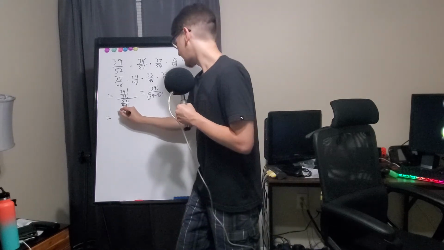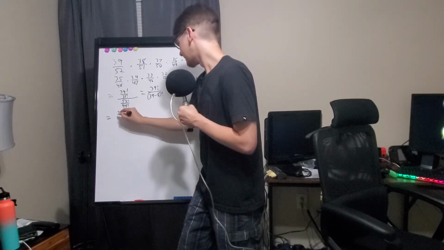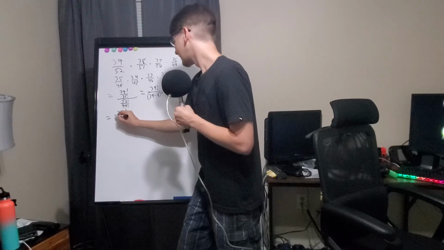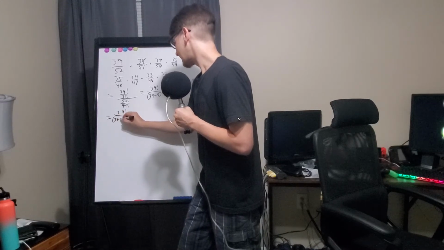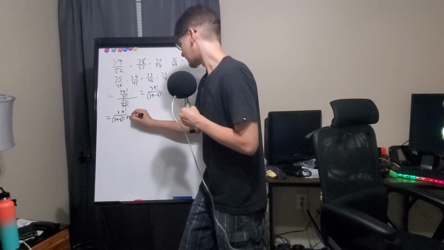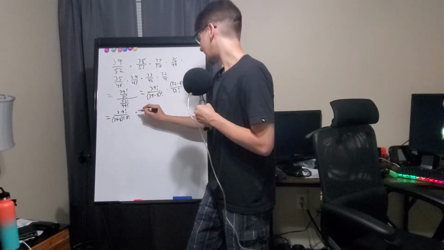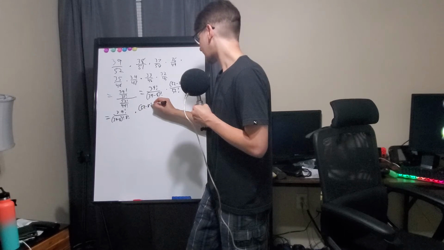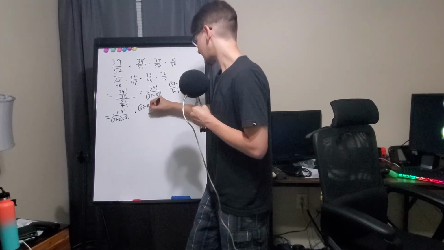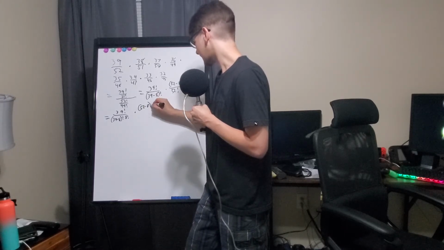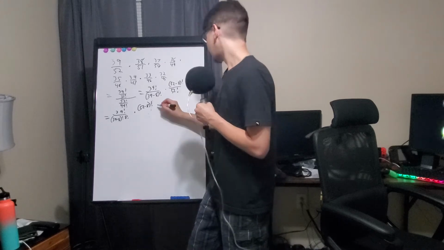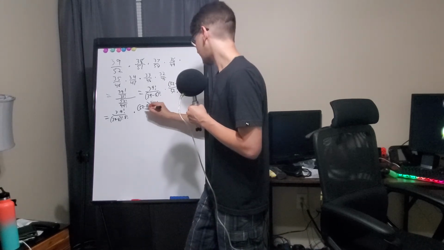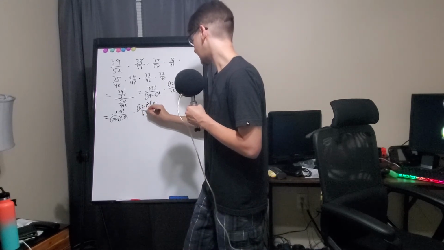So what we're going to end up with is 39 factorial divided by 39 minus 8 factorial times 8 factorial, times 52 minus 8 factorial. That is not where I wanted to put the factorial, my bad. Times 8 factorial divided by 52 factorial.